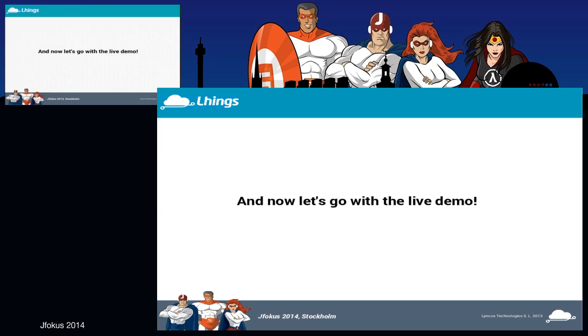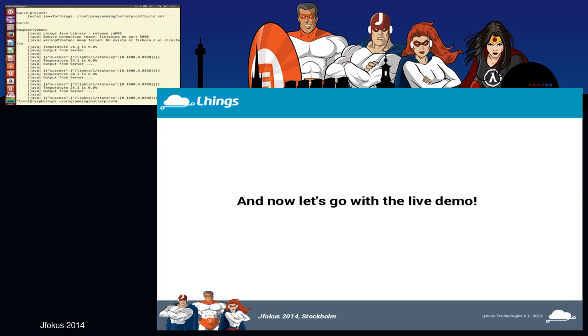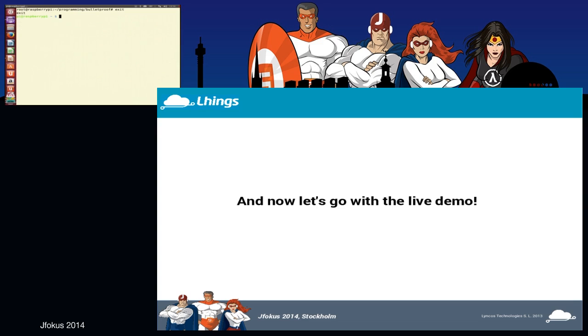So let's do some code here. Well, we connect to the Raspberry Pi using SSH, so we can program them directly. We use, for those curious, a Raspbian version of the operating system for the Raspberry Pi.